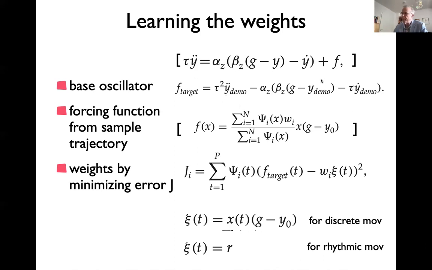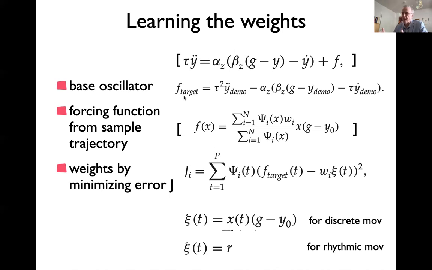So the idea is that you take the trajectory and you essentially know what kind of force you need to generate by inserting the trajectory into this equation. And you say the target force I need is the kind of force that I would need to make the target trajectory a solution of this equation. And so on the right-hand side, you're just injecting here the observed time course, and you're computing this.